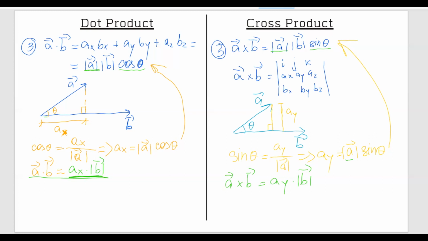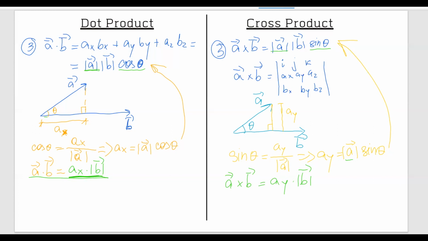Do you see the difference between the dot and the cross product? It is the actual opposite. The dot product is equal to vector B and then how much of A goes in the same direction as B. But the cross product is equal to vector B times how much of A goes in the opposite direction.